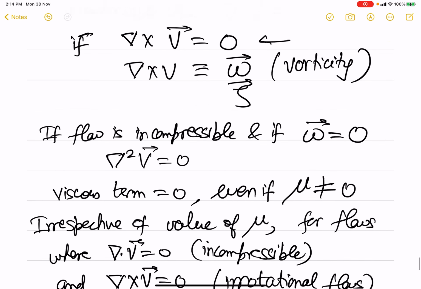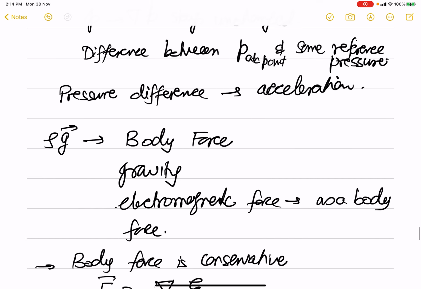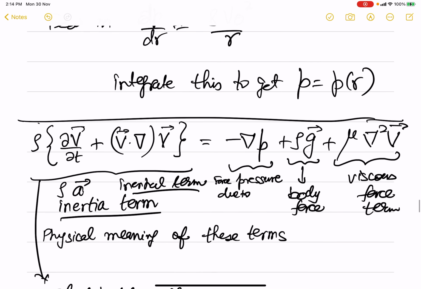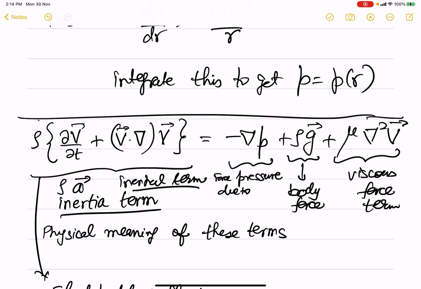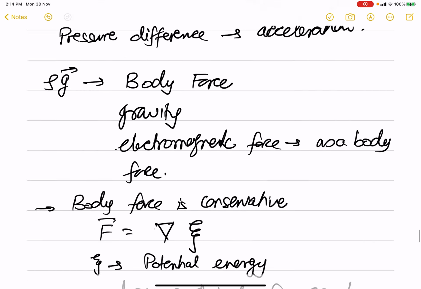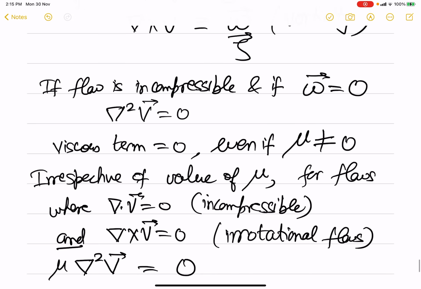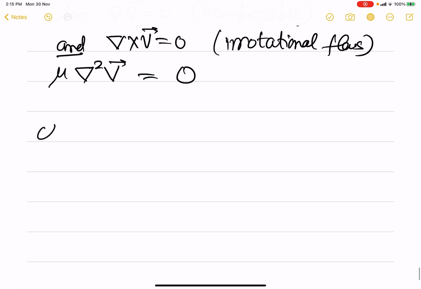Now let me get back to the total equation. We have inertia terms, or acceleration, is equal to minus grad P plus rho G plus mu del square V. Let's now look at the various flows we have seen. We looked at channel flow, and first let's look at Poiseuille flow.